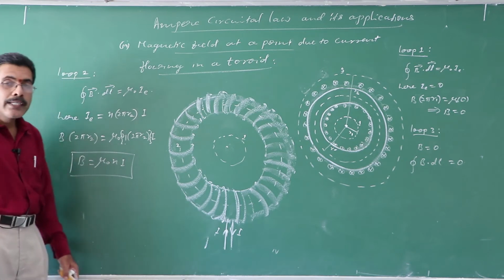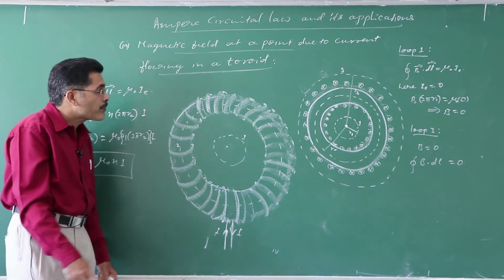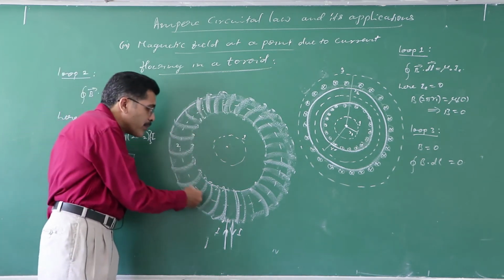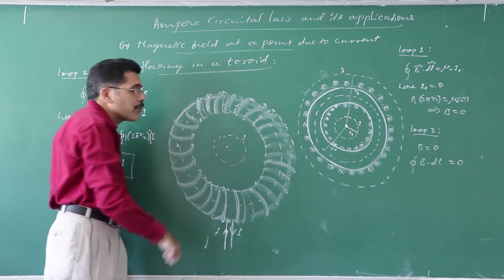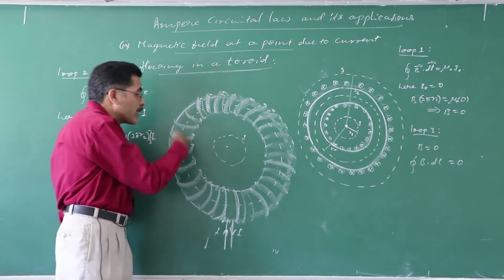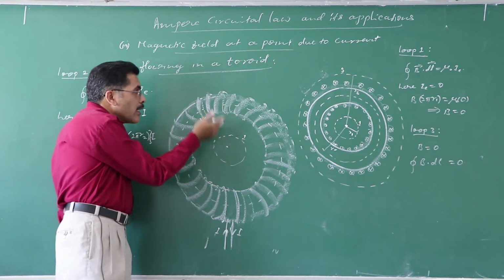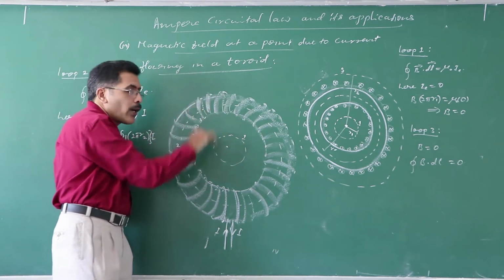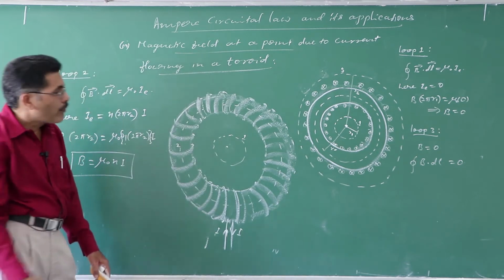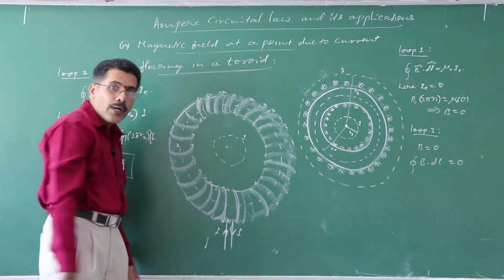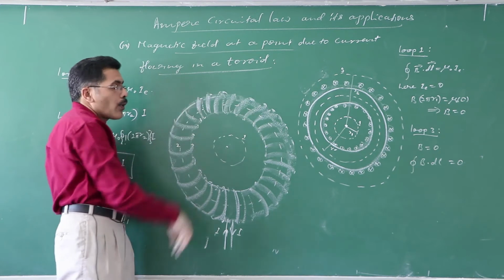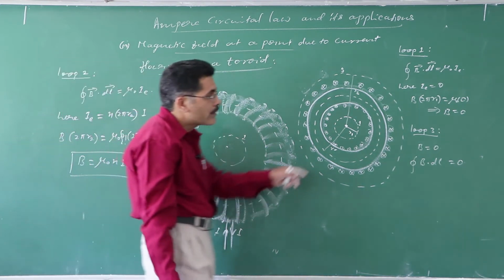Even in the case of a toroid, the magnetic field is present only along the axis, inside the toroid. In the open space inside and outside the toroid, the net magnetic field is 0.